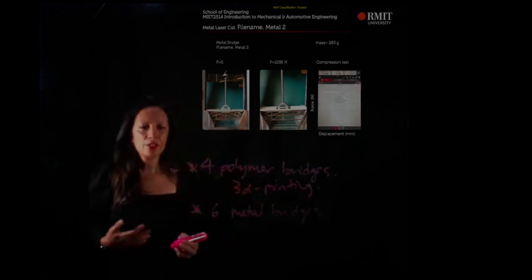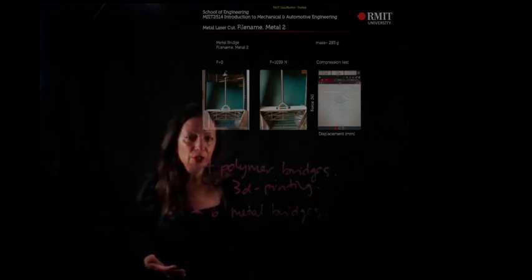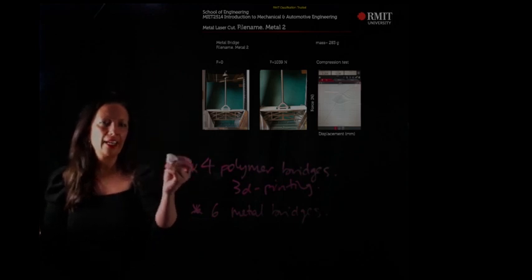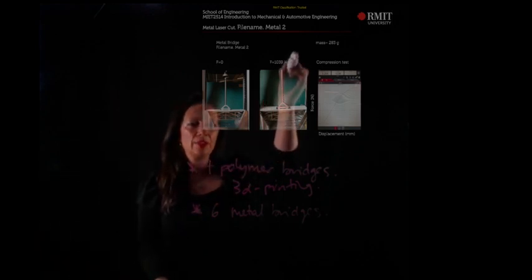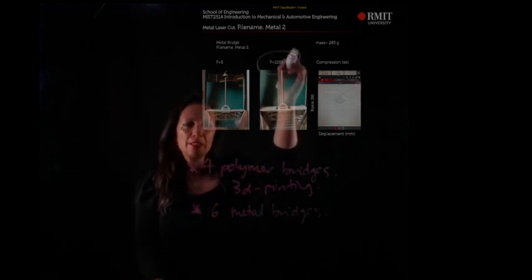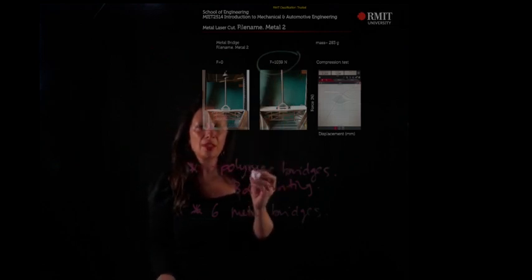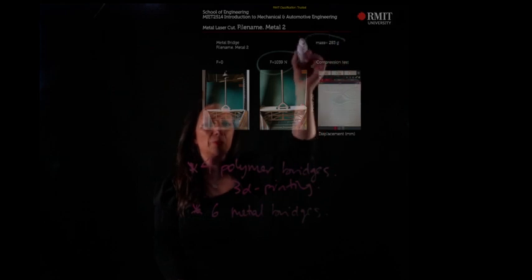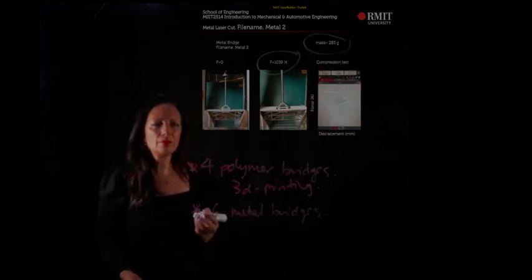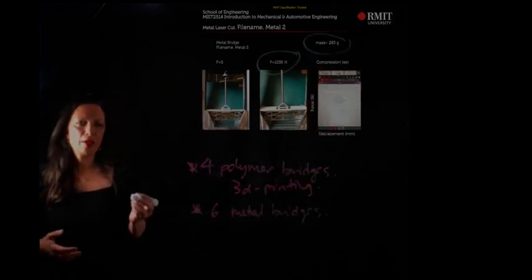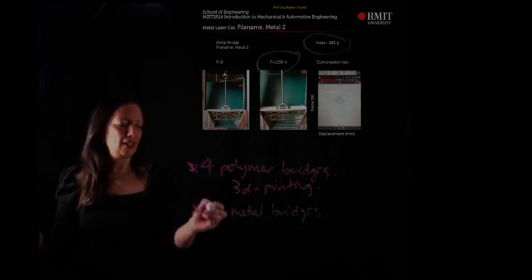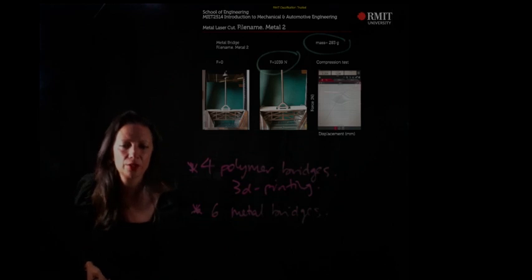Okay, so for each bridge, what did we do? For each bridge, we recorded the maximum force that the bridge was able to take, and we also weighed the bridge, so we've got a mass. So what you're going to be drawing up for each of these, let's have a look at what the first slide is.